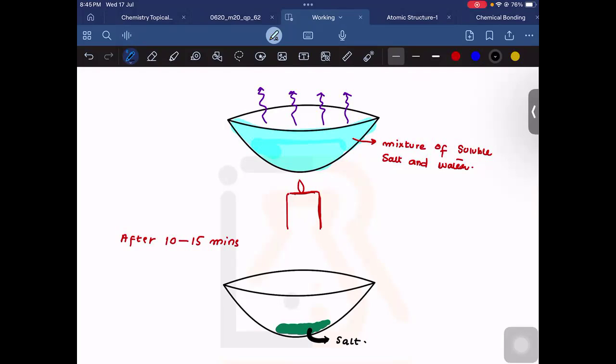When we provide strong heating to the salt, the crystal breaks down. After breaking down the crystal, you will see the fine powder of the salt.